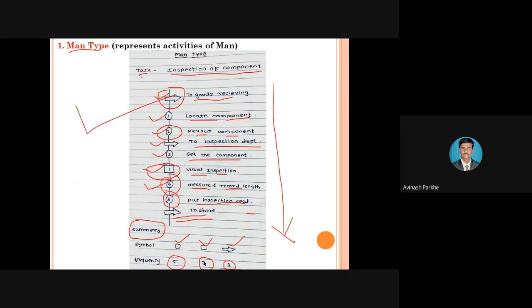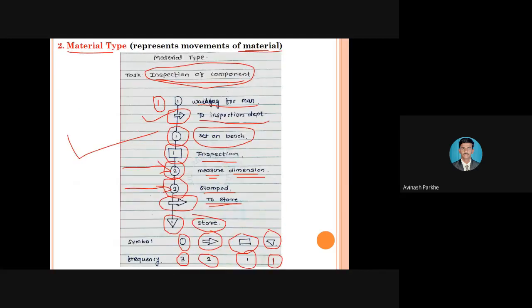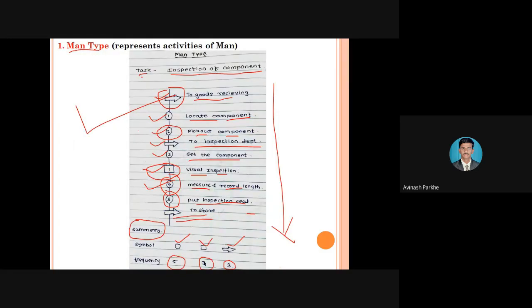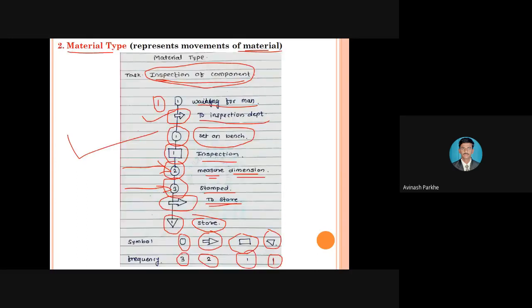So in type number 1 and type number 2, the task is the same, but the same task is performed by the material as well as by the man. But in the man type, I have represented the movements of the man only, and in the material type, I have represented the movements of the material only.